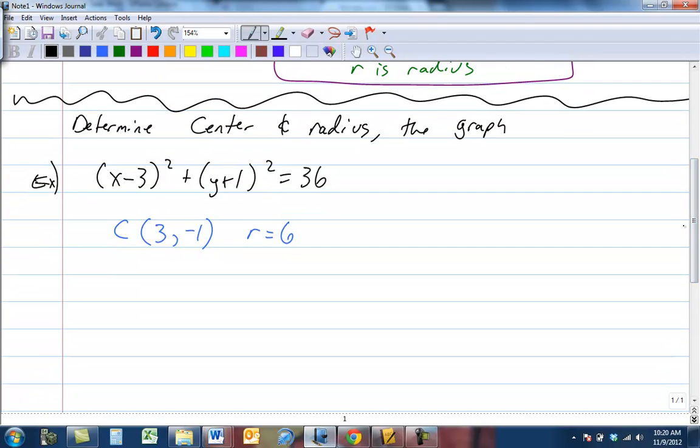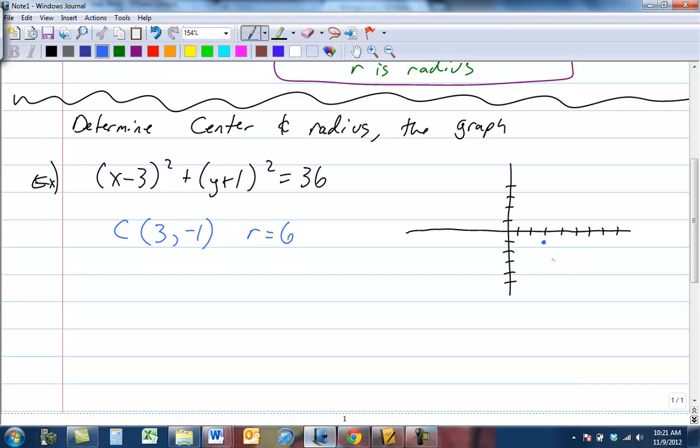All right, so we got our center, our radius. Let's graph this. Now, we're just going to make a sketch, but we're going to make this pseudo precise. Our center's at 3, negative 1, so make some tick marks going across and up and down. So, our center's at 3, negative 1, with a radius of 6.